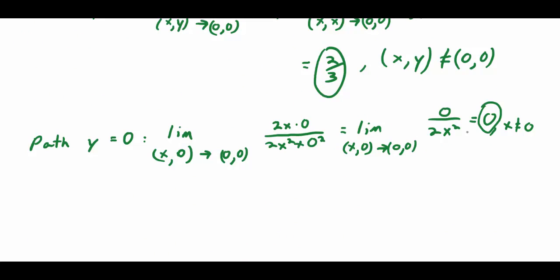So we get two different limit values for two different paths to the point 0, 0 in the xy plane.